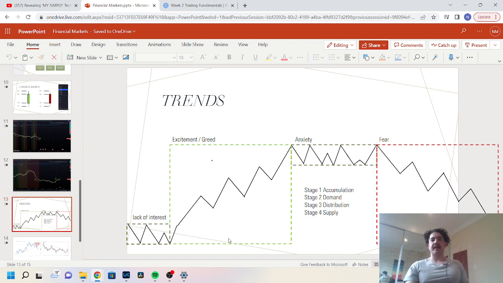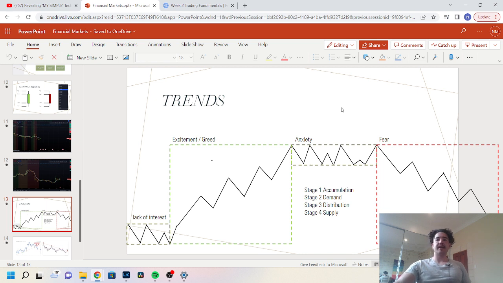Yeah, and then it gets to a point where it starts to consolidate again. Is it going to keep going up? Is it going to go down? No one knows. So obviously there's a fair bit of anxiety. In this stage, it's obviously a distribution stage as well, because it's averaging out, it's distributing. The market's not quite sure where it wants to go yet. It's leveling itself out, preparing itself for the next move.